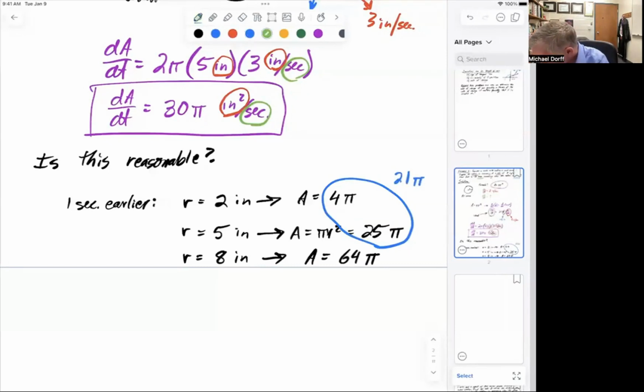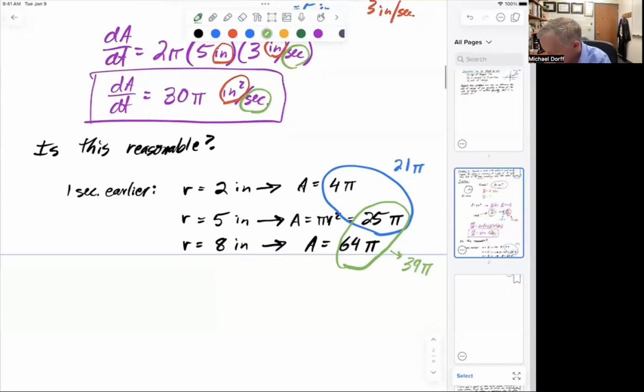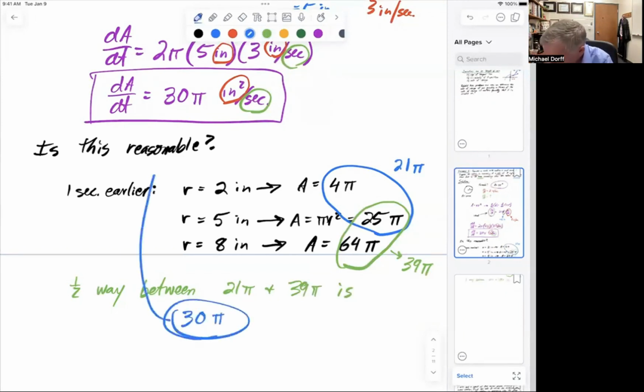And the growth between 25 pi and 64 pi is 39 pi. What's halfway in between those? Halfway between 21 pi and 39 pi is, drum roll please, 30 pi. That matches our answer.